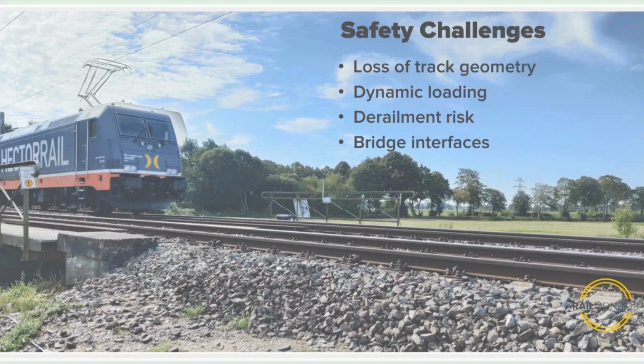We also have derailment risks. A severe and uncorrected void can increase the lateral forces, and the track gauge might also change. At interfaces with bridges, the transition will also bring an abrupt change in stiffness and create these hanging sleepers, which actually magnify the void problem.